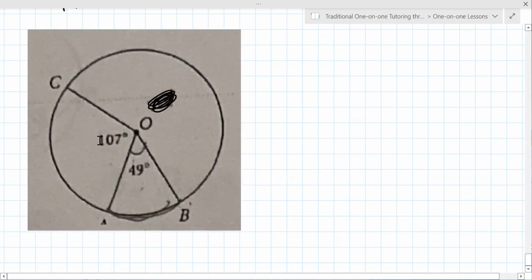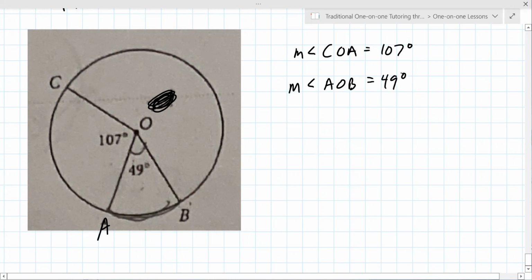So they give you that this interior angle COA, that's an A. So the measure of angle COA is 107 degrees. That's given. And similarly, the measure of angle AOB is 49 degrees.